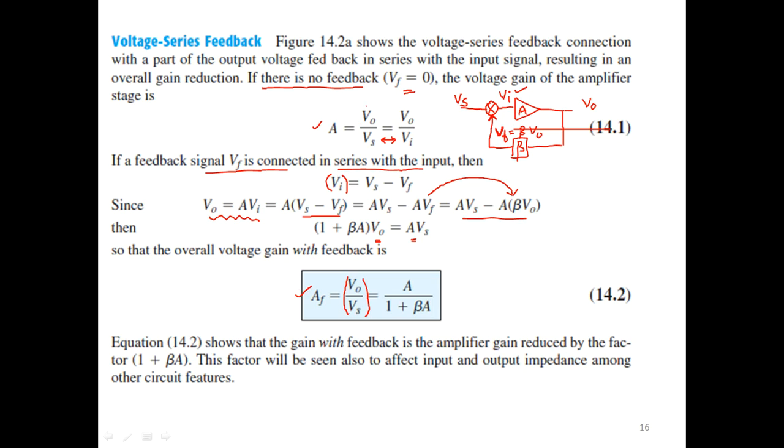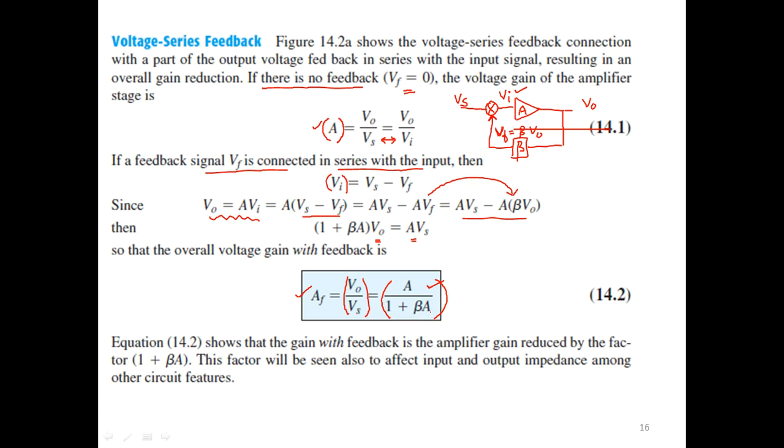Please note the capital A is the gain without feedback. Capital A subscript F is the gain with feedback. So the gain with feedback, the expression is V0 upon Vs, which is A divided by 1 plus beta A. That's a very, very important mathematical expression.